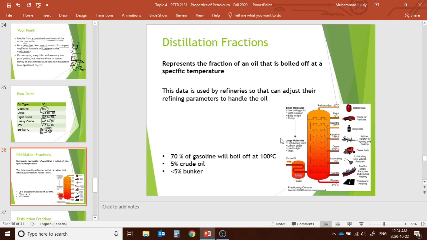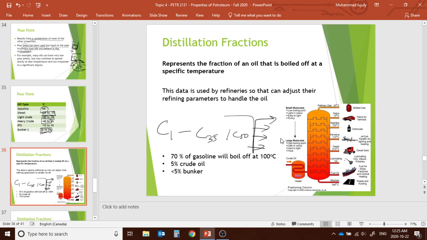Fractional distillation. As you know, crude actually has lots of different types of mixtures, from C1 to C35, and some crude even has C50.